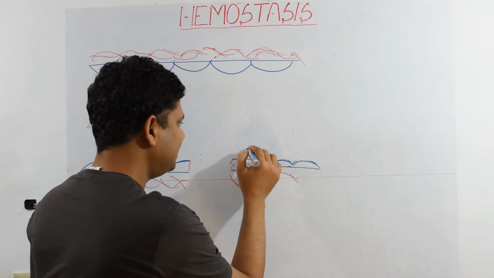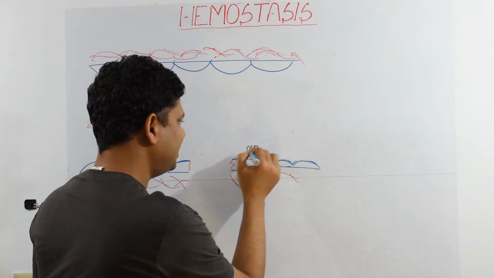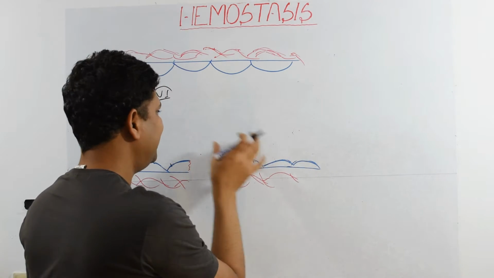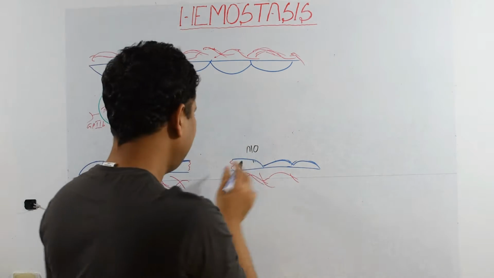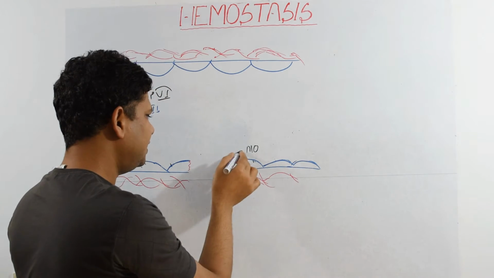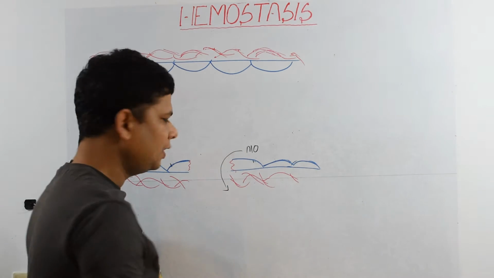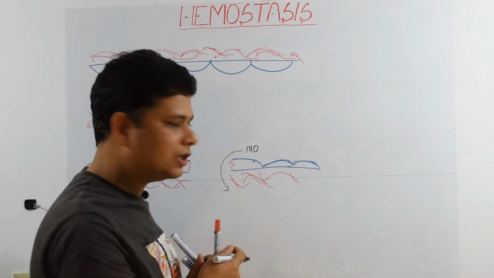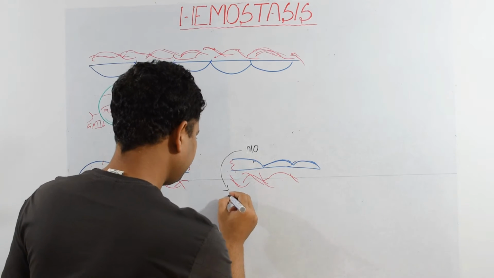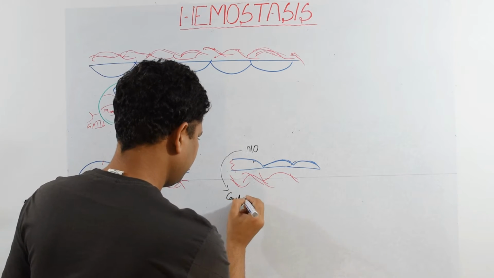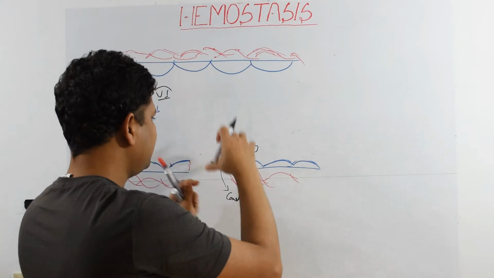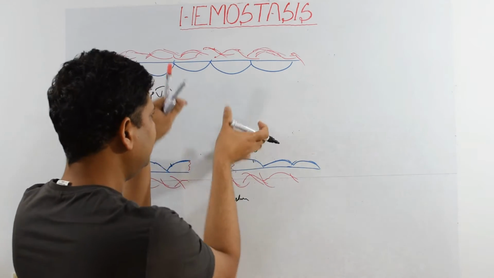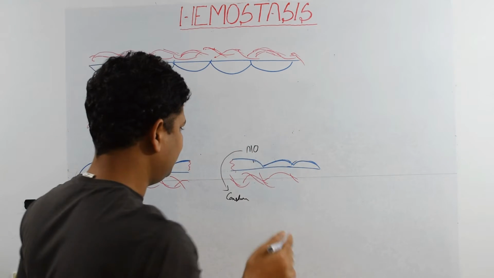Nitric oxide plays a dual role. When present inside, it acts as an inhibitor of platelet. After the rupture of endothelial cell, nitric oxide also comes out. This nitric oxide acts as a vasoconstrictor. What it does, it constricts the blood vessel so that the blood flow will be reduced.